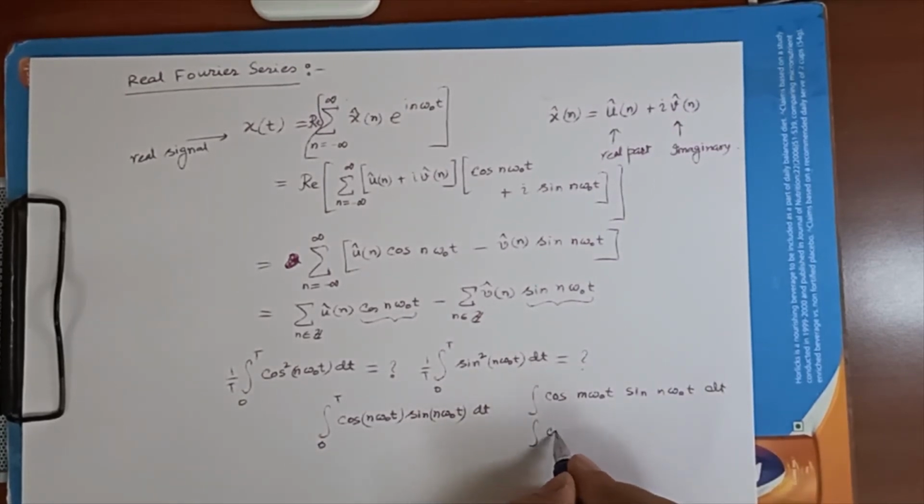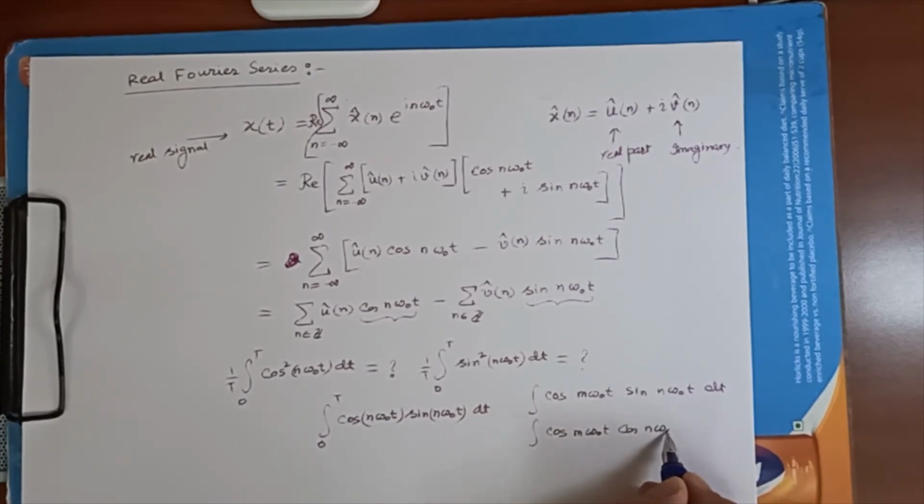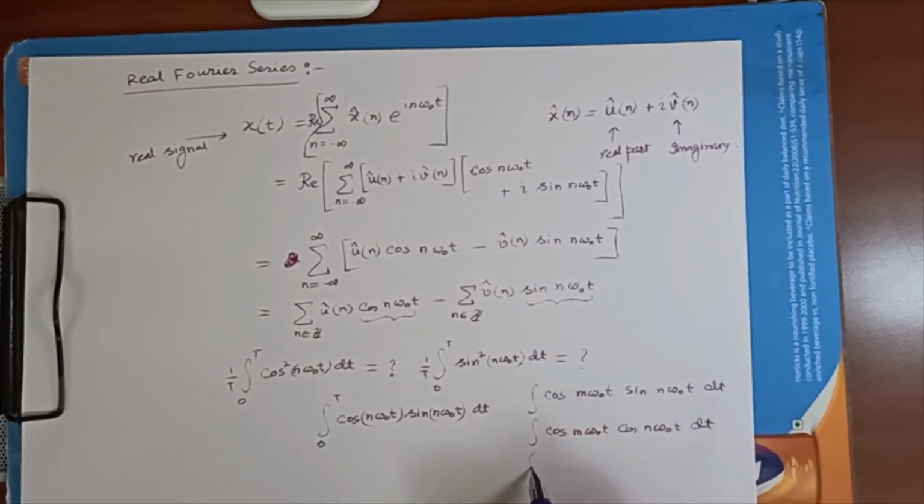Then you check cos m omega 0 t cos n omega 0 t, and you check sin m omega 0 t sin n omega 0 t dt.